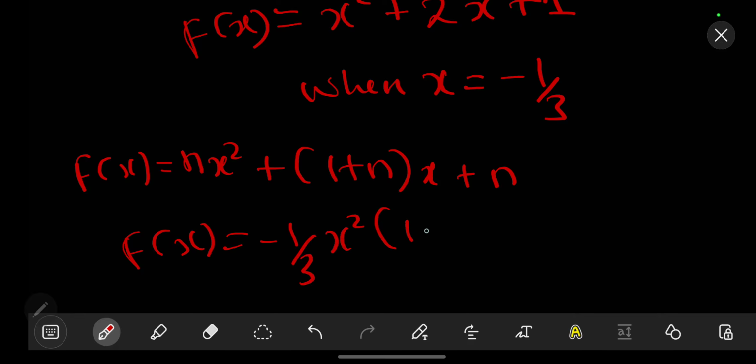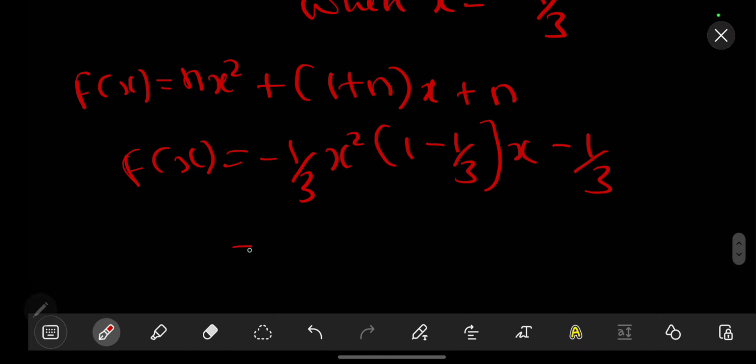Then here we have 1 plus, since it's negative, it will be minus 1/3, then we have our x, then plus, since it's negative, it will just be minus 1 over 3.